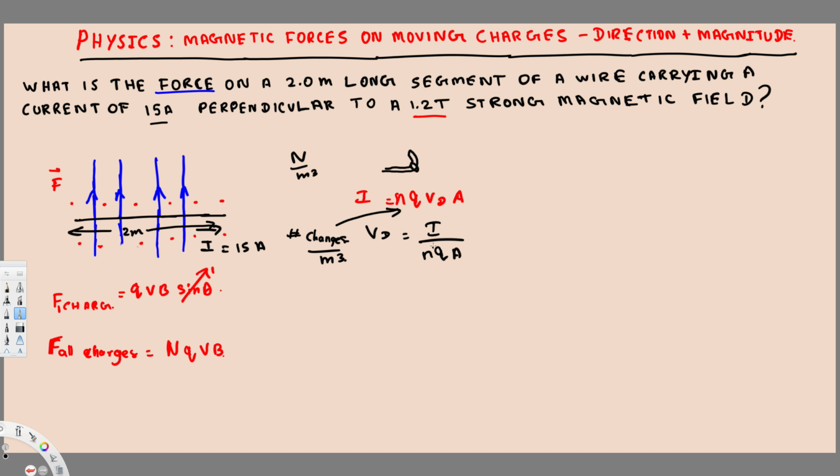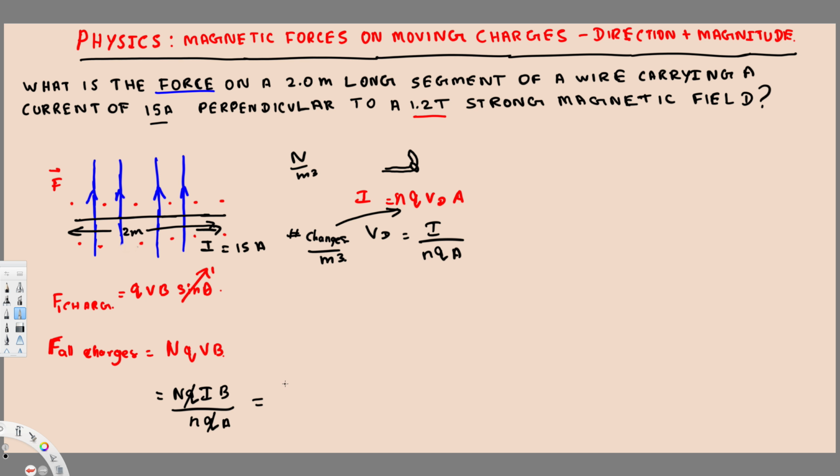So this is going to be NQ. Now I am plugging in I over NQA instead of V. So this is going to be I right here, B, and in the denominator we are going to have NQA. So this Q cancels and we have this N right here.